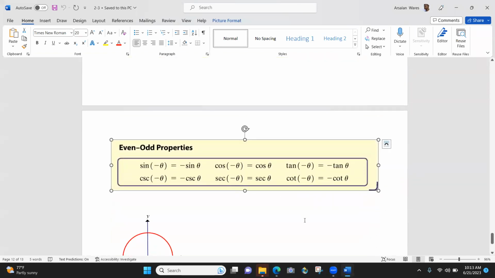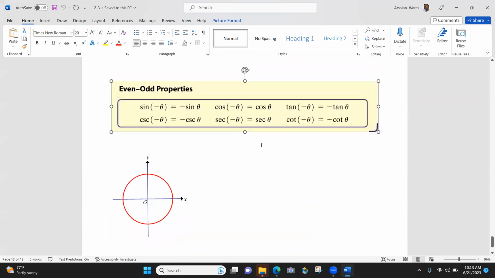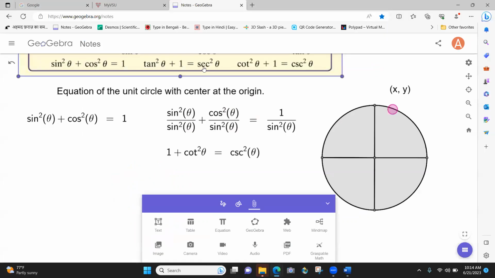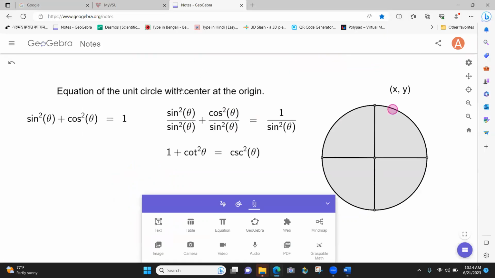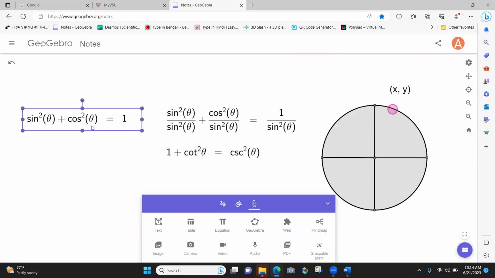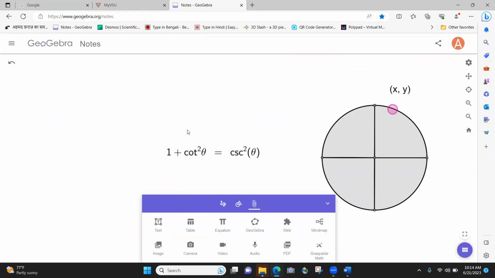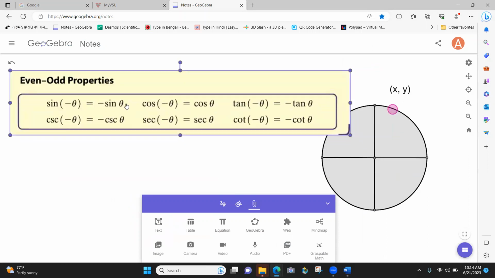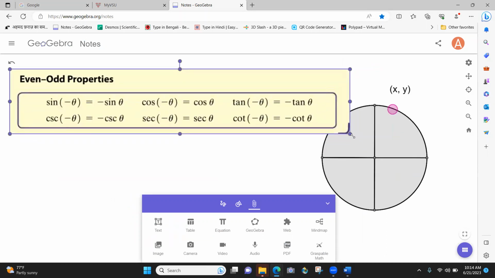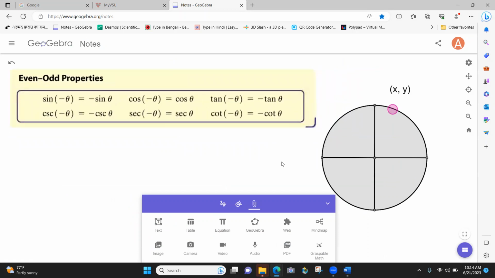So these are called odd-even properties. Okay, what are odd-even properties? Let me grab this and bring it here. Again, when we talk about functions, we are going to talk about odd and even functions.